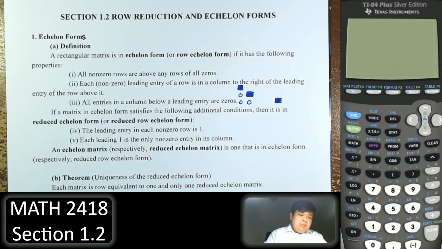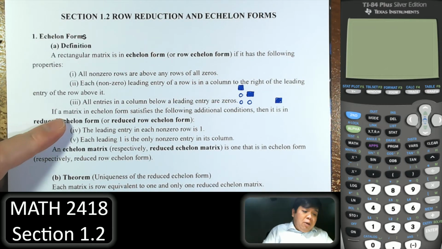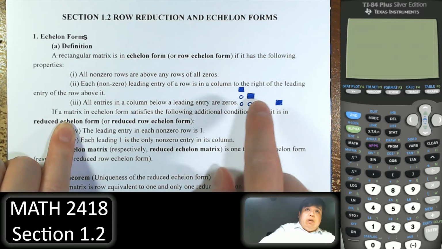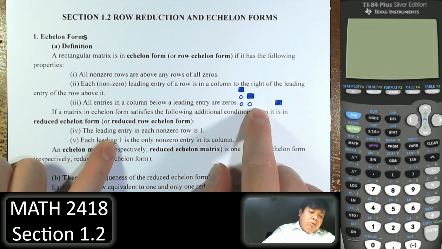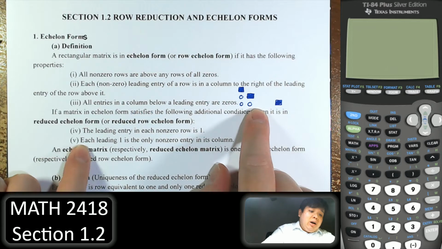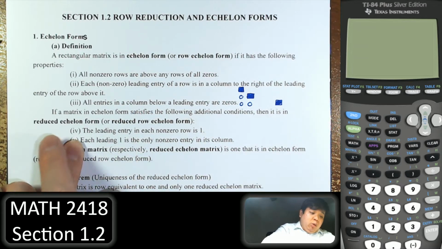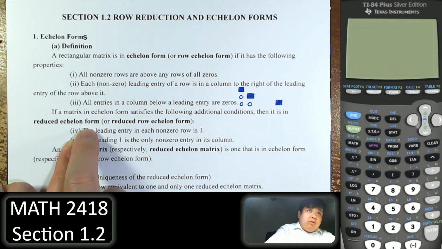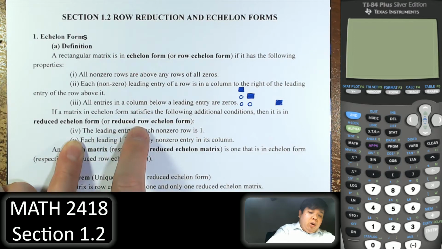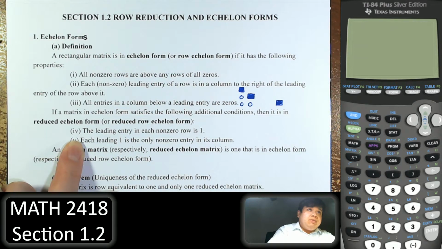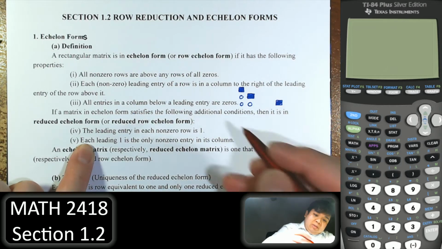Now, furthermore, if the matrix is in echelon form and satisfies additional properties, then we have the reduced echelon form, or reduced row echelon form, with additional conditions.